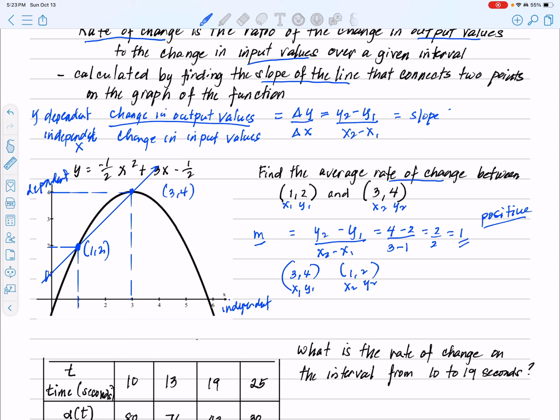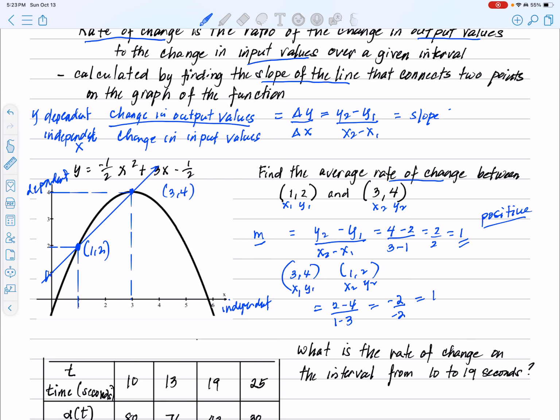Whatever pair of coordinates that you're using as x1 and y1, x2 and y2, the same result will come out. So if we're going to do this, for example, 2 minus 4, then you have 1 minus 3. So you have negative 2 over negative 2, you still come out with 1. Still the same answer that you're going to have.